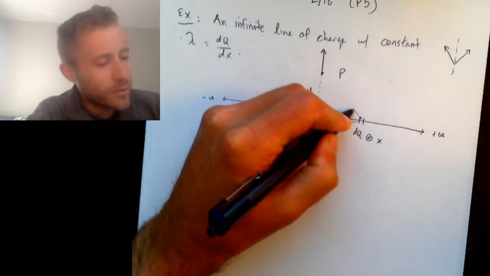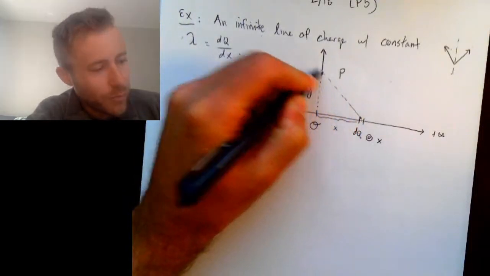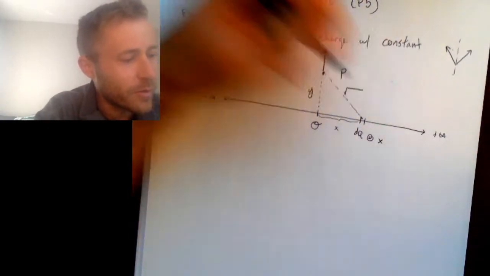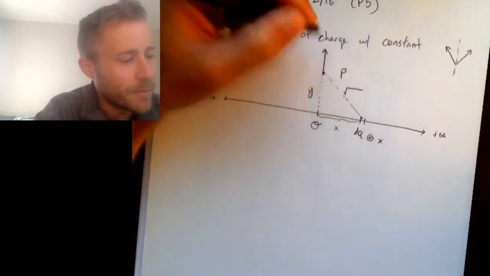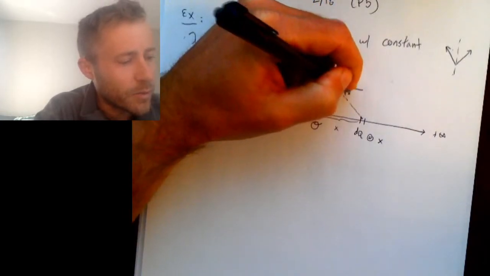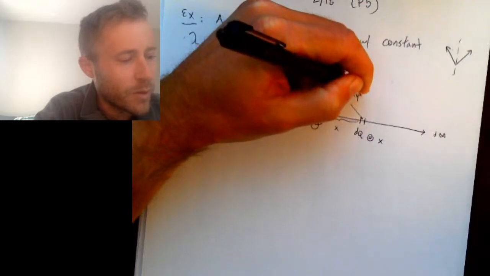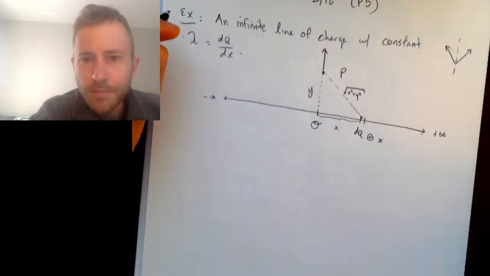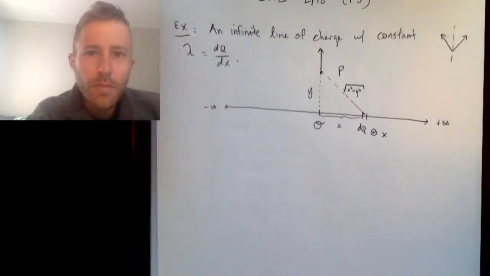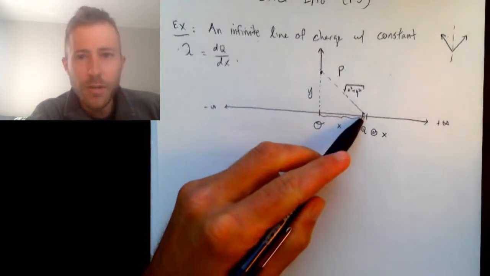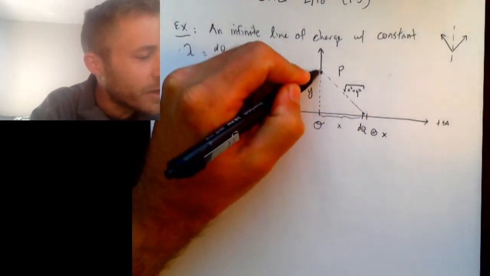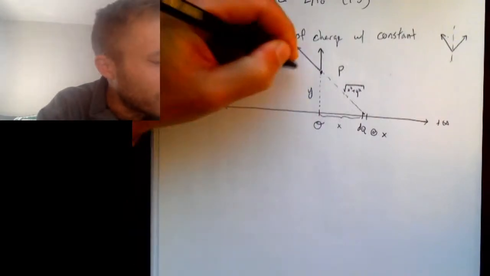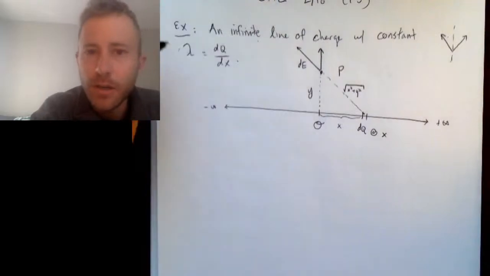So how far away is this itty-bitty piece of charge from the point P? That distance right here, according to the Pythagorean Theorem, would be square root of x squared plus y squared. Okay? This little itty-bitty piece of charge is going to create a little itty-bitty electric field, which I will call dE. All right.